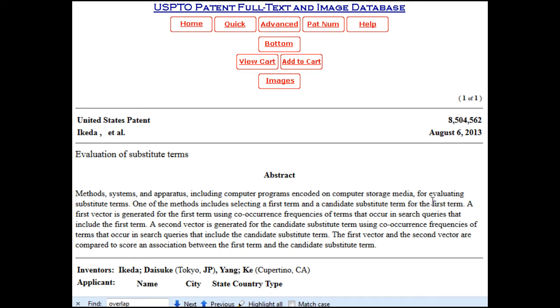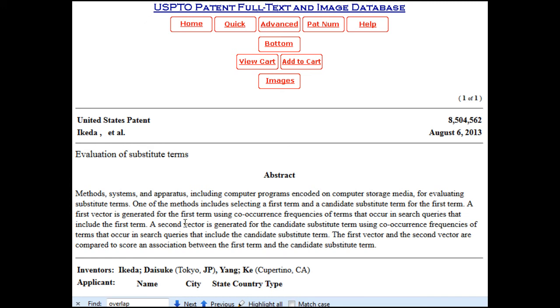All right, so now it's going to compare these two terms. And a first vector is generated. That's a mathematical way of looking at the documents to determine what the co-occurrence frequencies are between these two terms and how they occur in search queries that include the first term, the parent term, right?